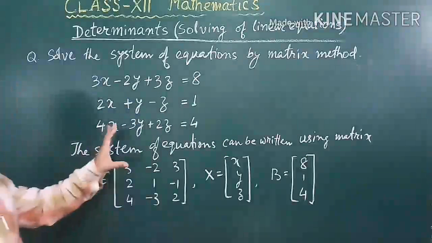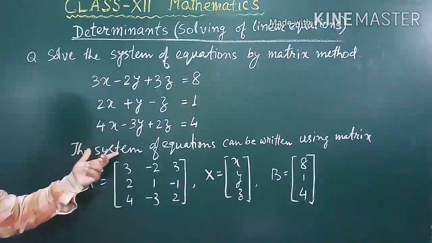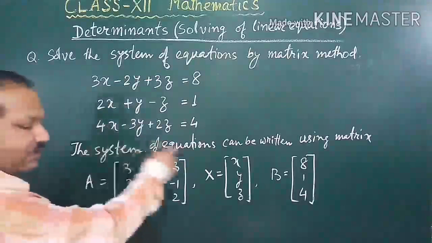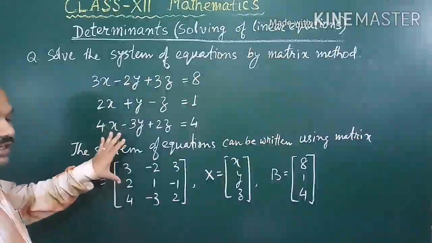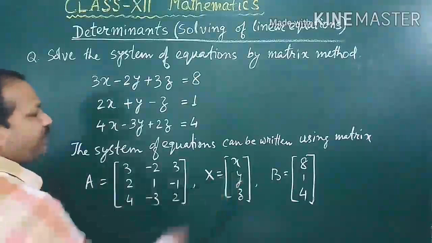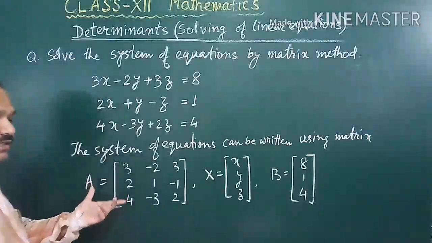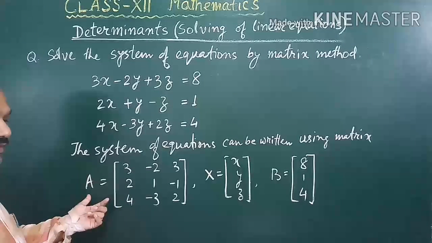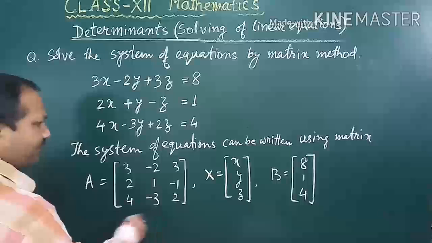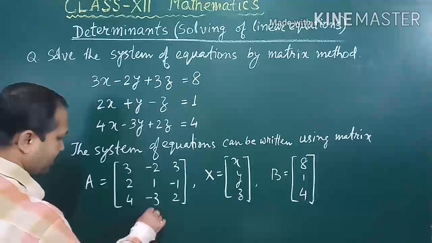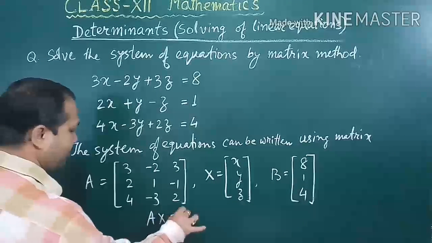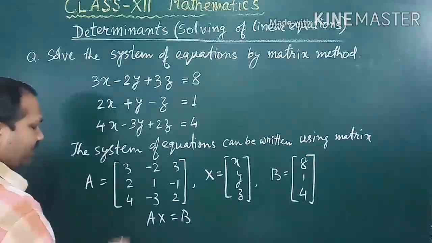Now this can be written as AX is equal to B. Alright? AX is equal to B, you can write.